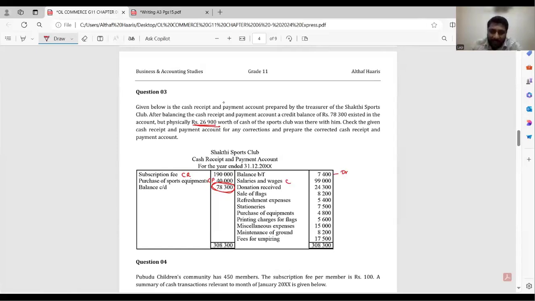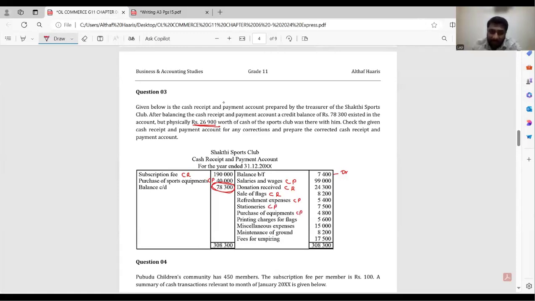Salaries and wages, cash payment. Donation received, cash received. Sales of flags, cash received. Refreshments expenses, cash payment. Stationery, cash payment. Purchase of equipments, cash payment.